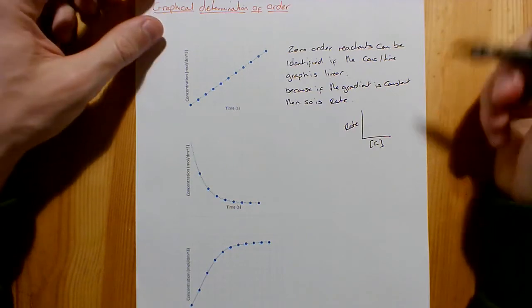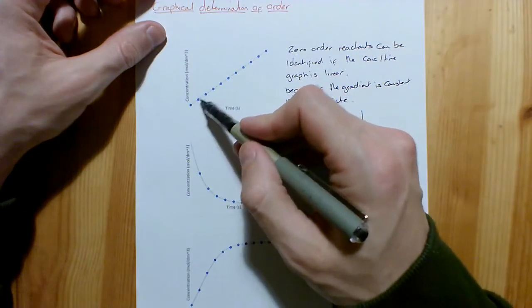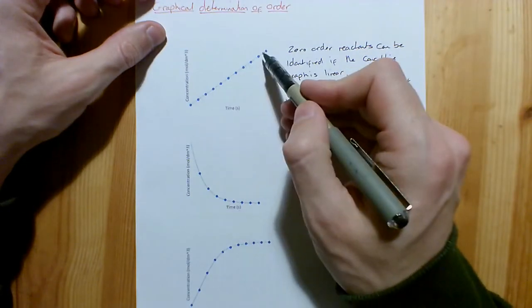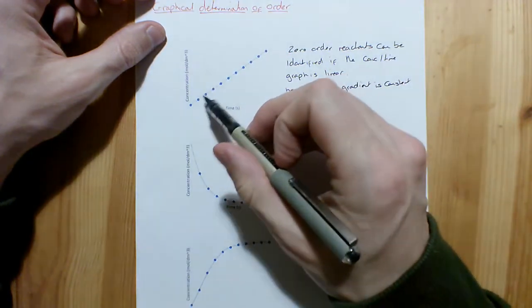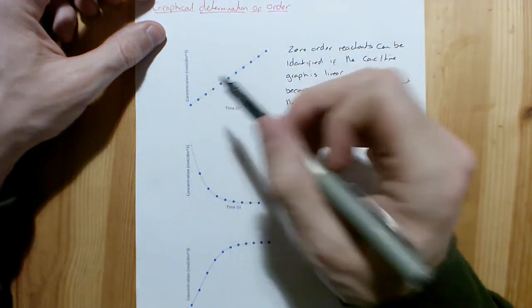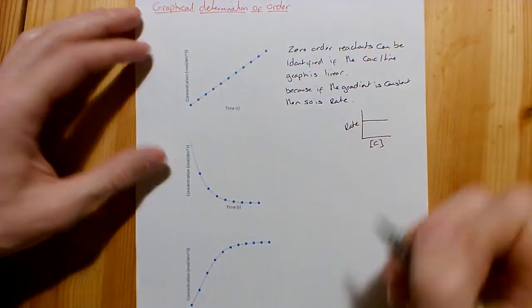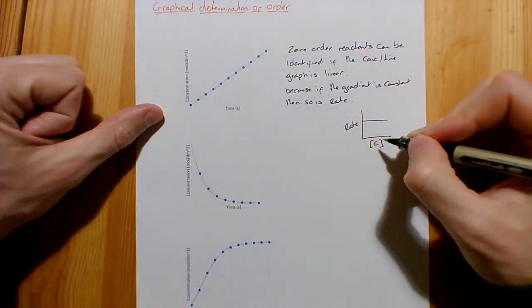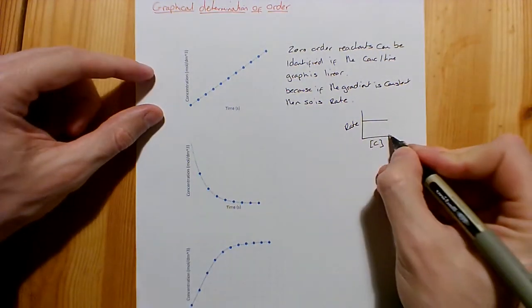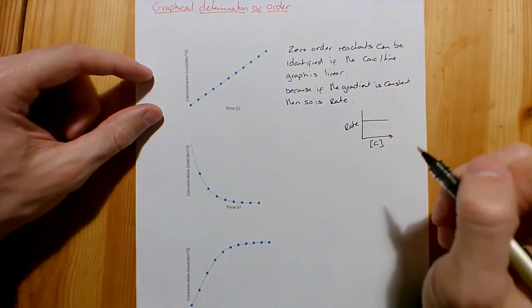So we can see here that as the concentration increases, the rate stays the same. So if you just did rise over run to work out the gradient of that line and then plotted it against concentration, what you get is a horizontal line like that. And very clearly we can see that as concentration is increasing, the rate is remaining constant. This is a zero order reactant.